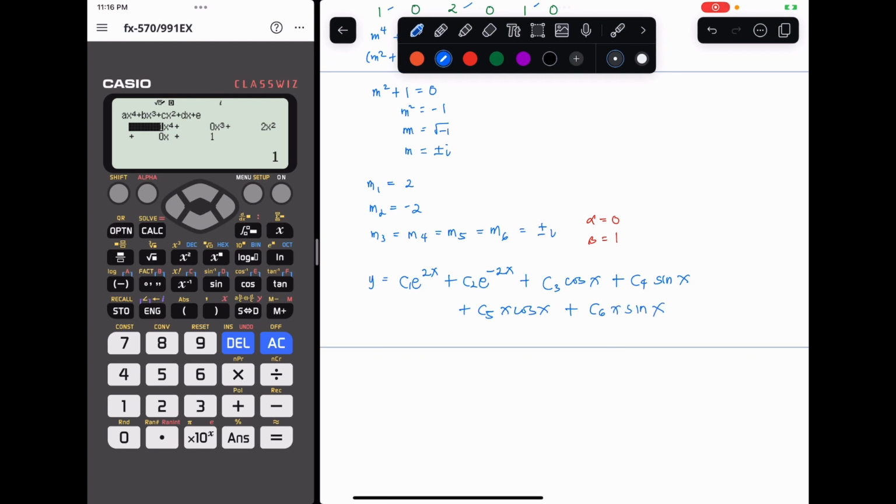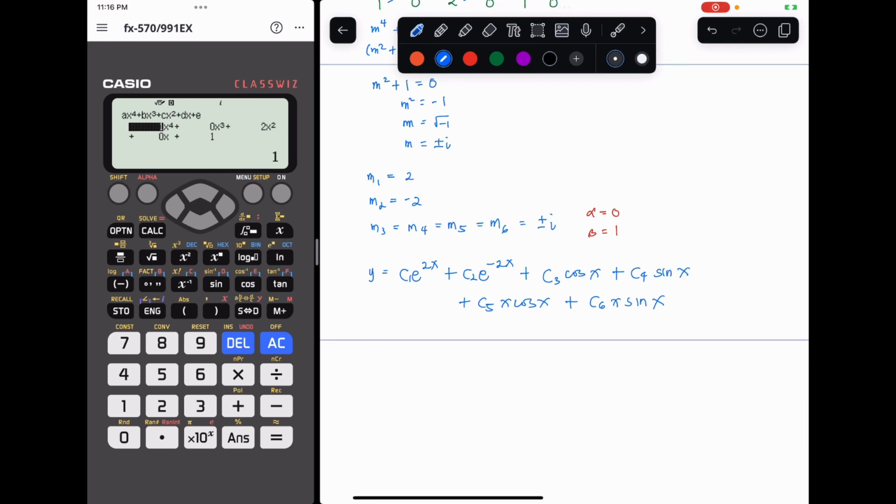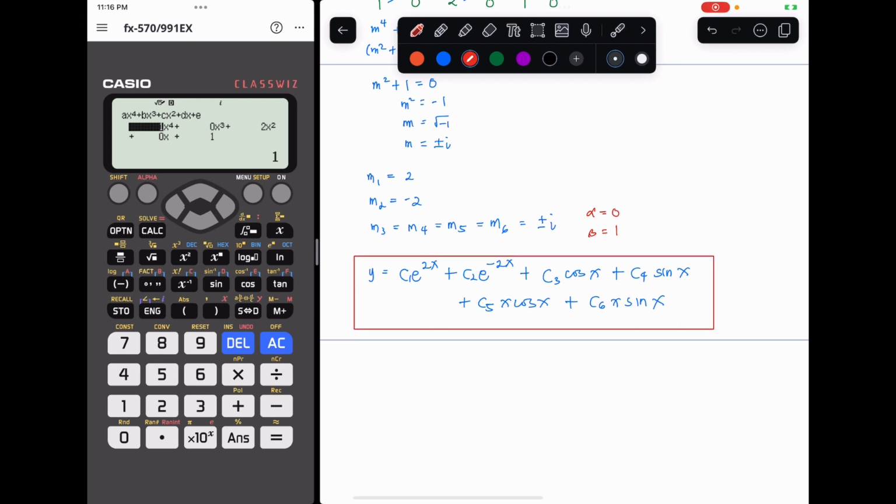Okay, so that is for repeated complex roots. So it's a combination: we have distinct roots for 2 and negative 2, and then we have a complex root, so cosine and sine. But then it is a repeated complex root. So that makes it c5 x cosine x plus c6 x sine x. And that will be our final solution, or the general solution.